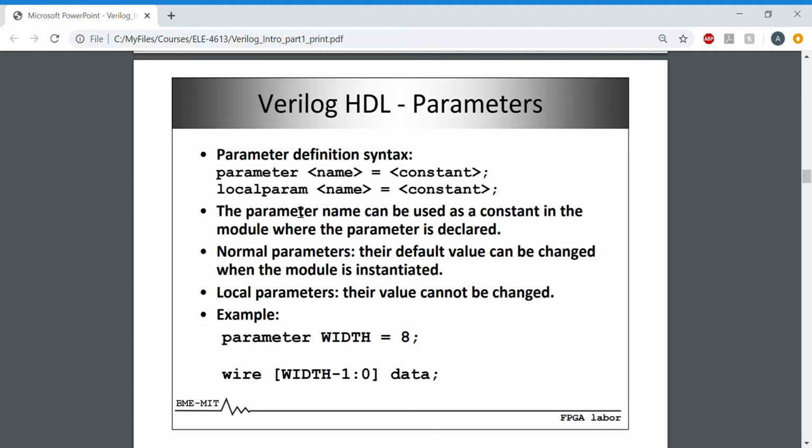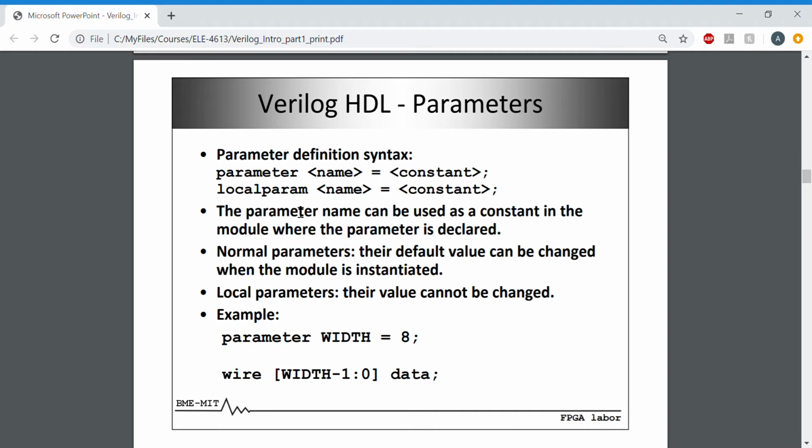So a wire is a real piece of hardware. A register is a real piece of hardware, but a parameter is not. A parameter is a constant, but it's a constant that exists before implementation, before simulation. So if you are doing simulation, it exists before simulation. So this is what it means.